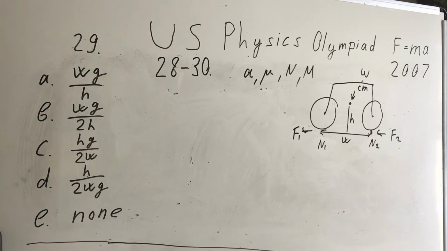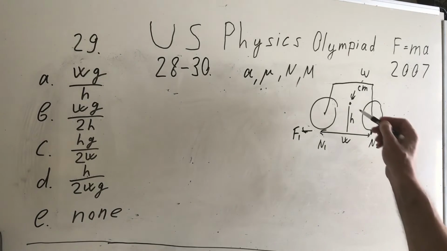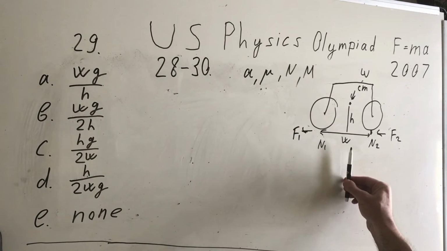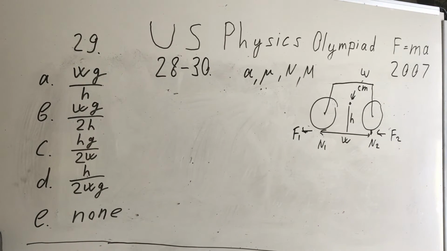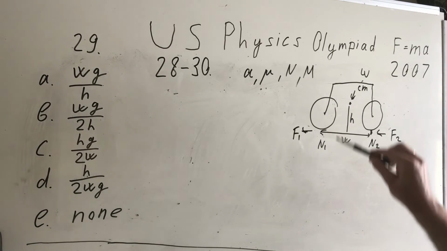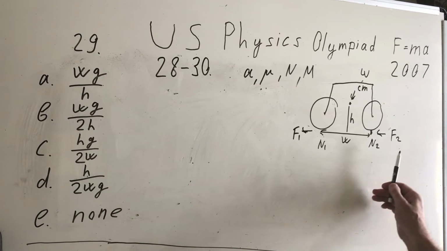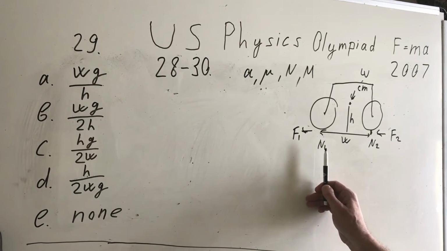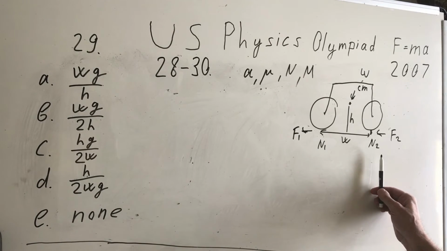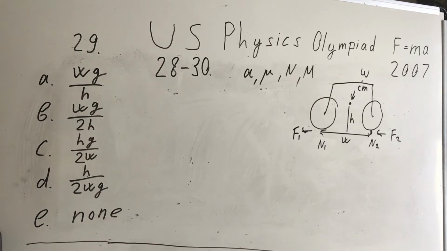And we will choose rotation around the center of mass to exclude the gravity force. If you look at this picture, we have three forces acting clockwise around the center of mass, which are F1, F2 and N1, and the force N2 acting counterclockwise.